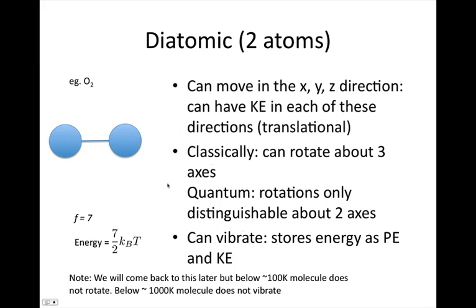So for this region, we end up with 5 degrees of freedom, and then above 1000 kelvins it has enough energy to start vibrating, and so that's when we end up with the 7 degrees of freedom. So when you're answering a question about diatomic molecules, you do actually have to look at what the temperature is and take that into account.